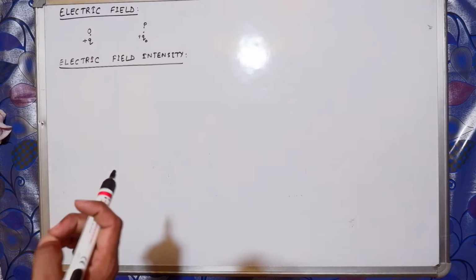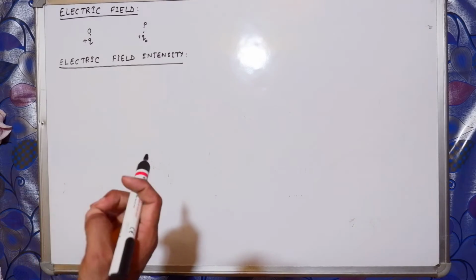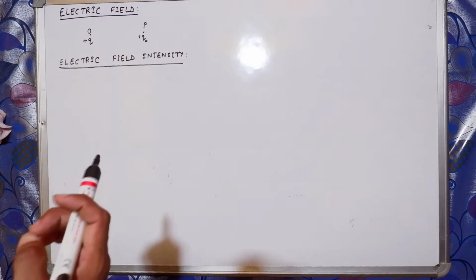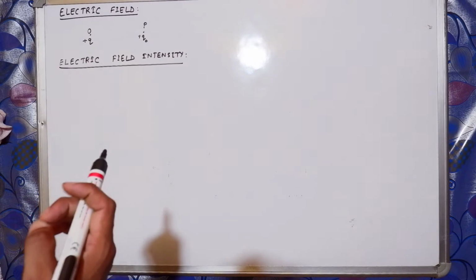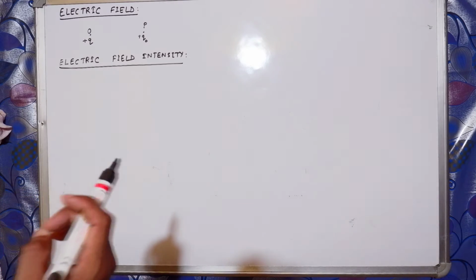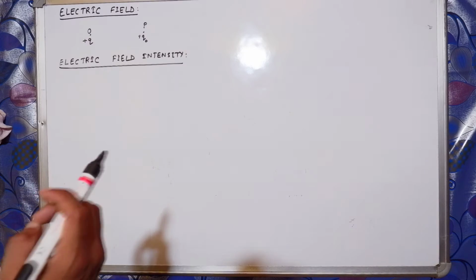The electric field intensity at any point in space is equal to the force per unit charge exerted on an extremely small positive test charge placed at that point.